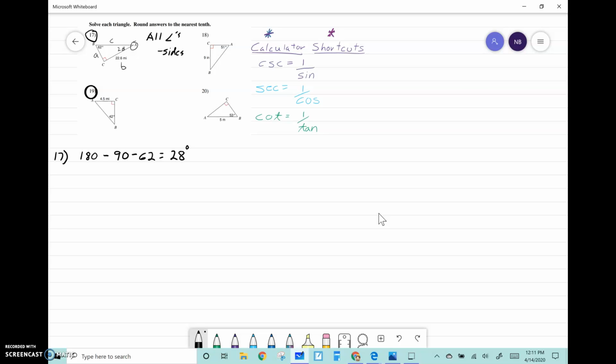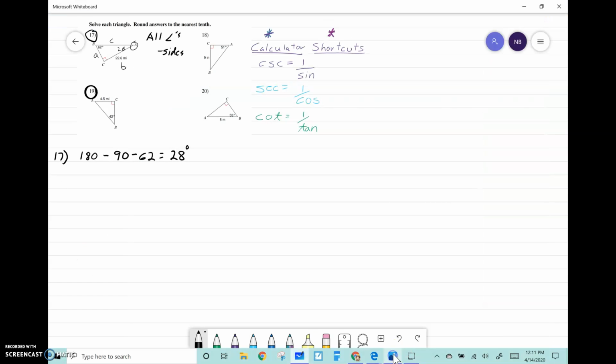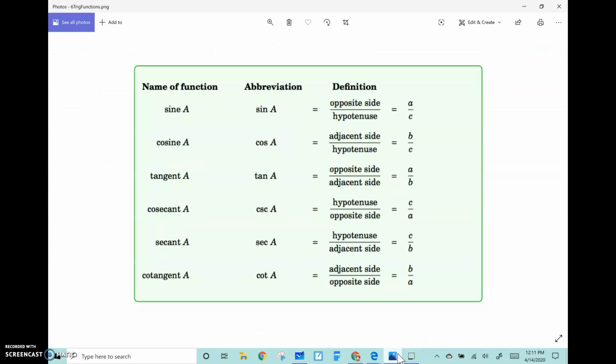So I'm going to set up an equation using the tangent function, because tangent puts the opposite side over the adjacent side. So the tangent of angle A equals the opposite side over the adjacent side.